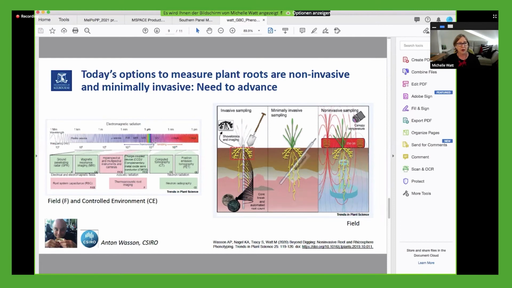These extend all the way along the electromagnetic radiation spectrum. Some of them can only work in the lab, could be transferred to the field, and some of them can work in the field, but very poorly for non-invasive measurements. They're very low resolution. For field estimations, we rely on either digging or coring the roots, imaging them in a window below ground, or indirect measurements by measuring the canopy.